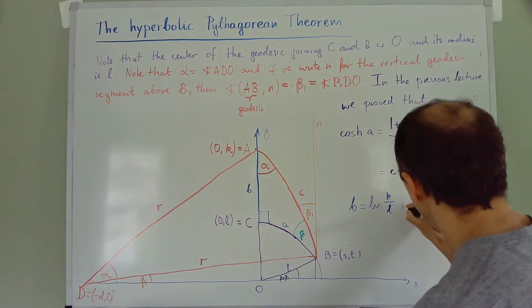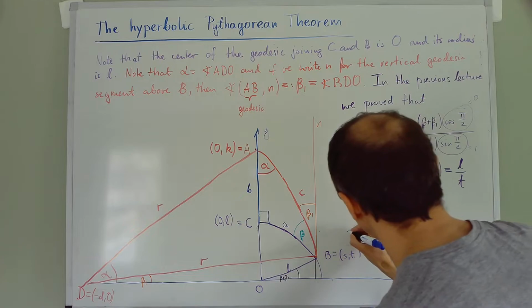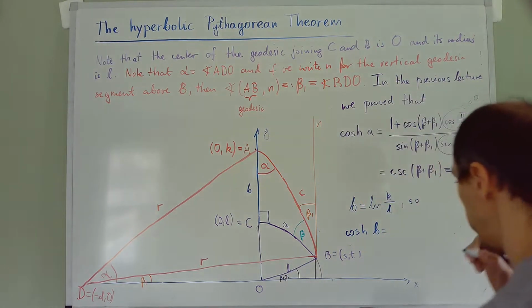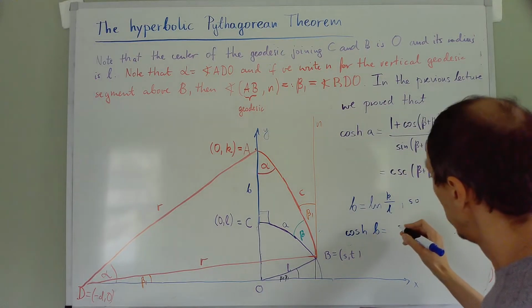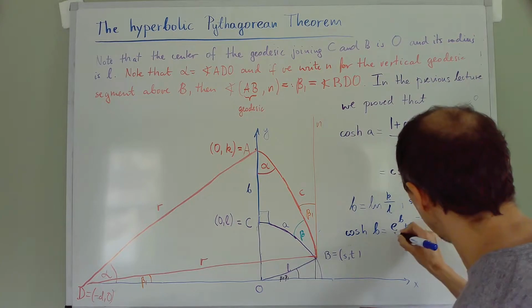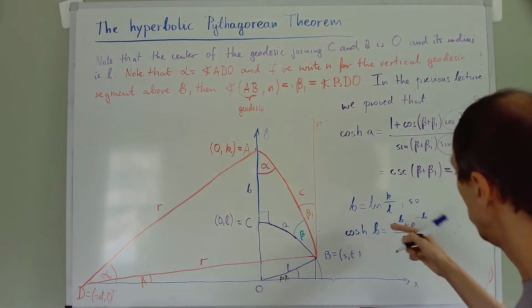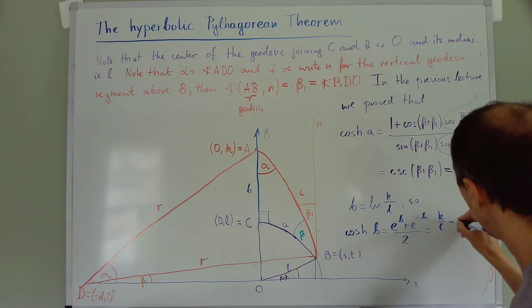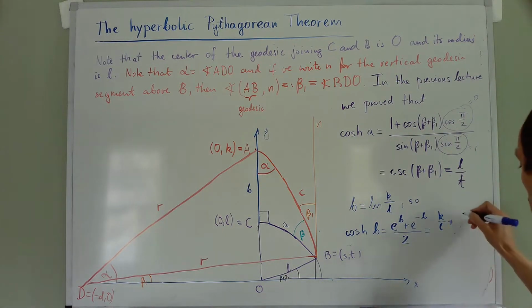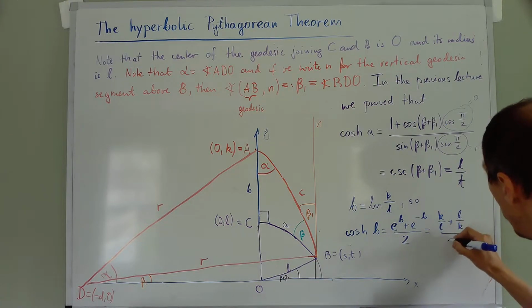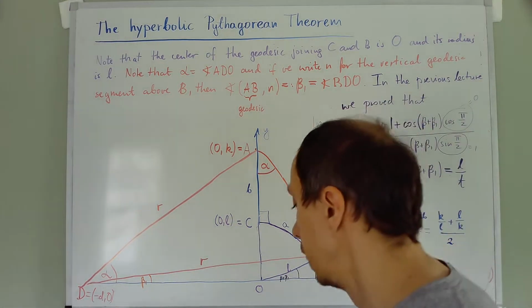What's cosh of B? Well, that's of course e to the b plus e to the minus b, over 2. So e and natural log cancel each other, so that's K over L plus, since this is 1 over e to the b, L over K, divided by 2.